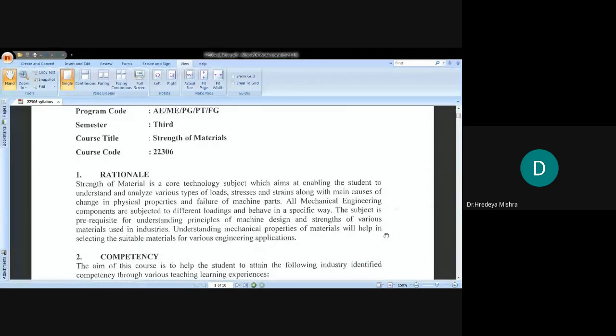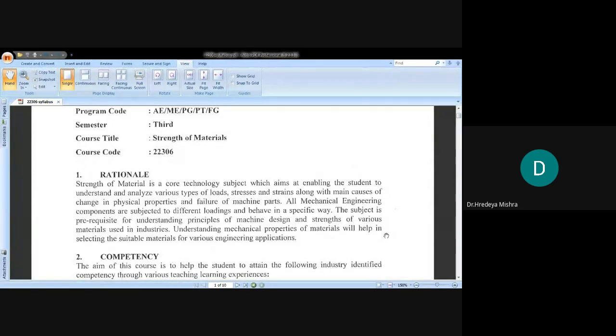For any component, if your applied force is equal to the reactive force or resistance force, then only your component will survive. If your resistance force is less than the applied force, then your product fails or breaks down.